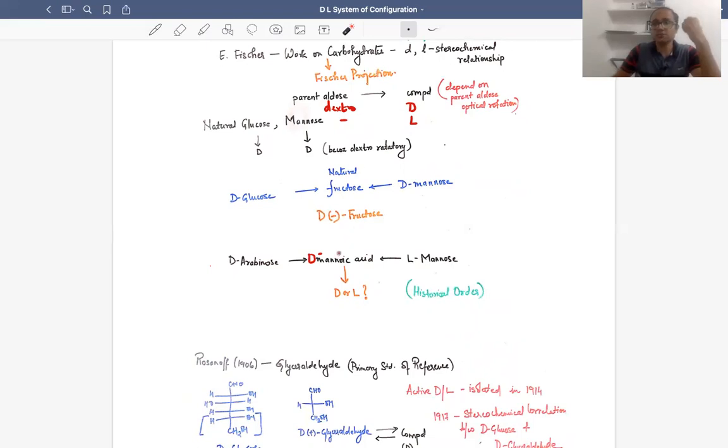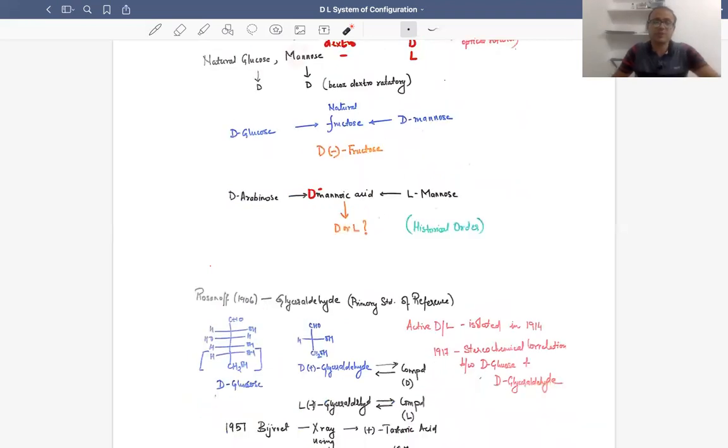So in order to avoid that confusion and the ambiguity that you see in these cases, Rosanoff, a professor in New York University, said that let us use a standard, and that standard would be nothing but glyceraldehyde.